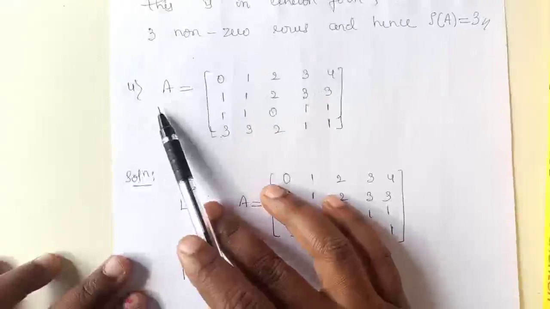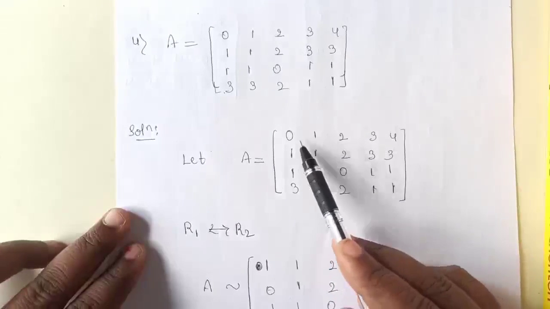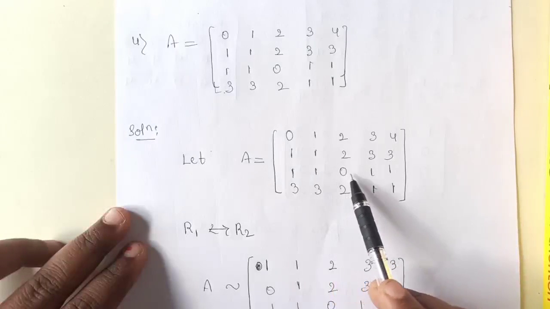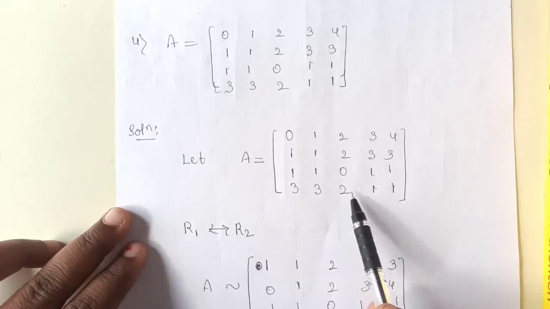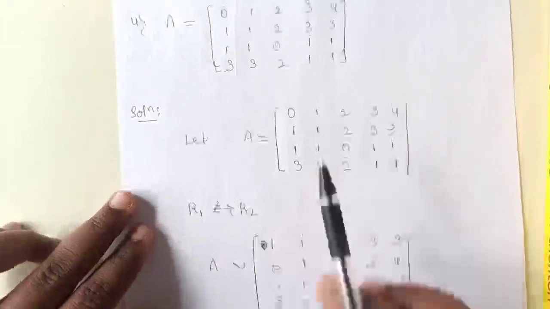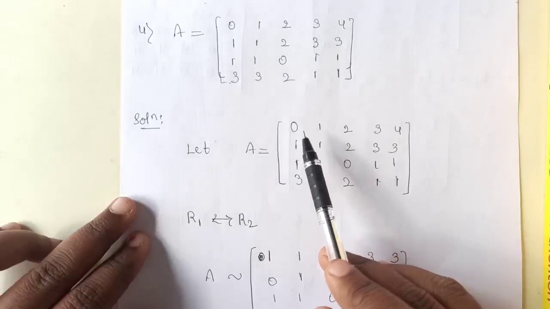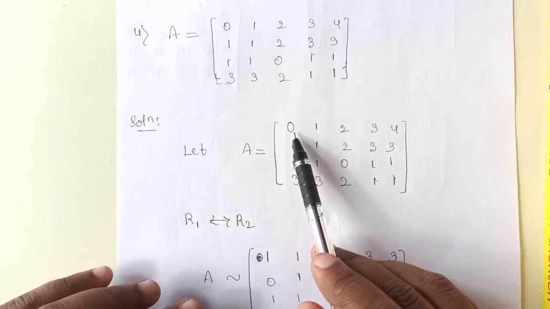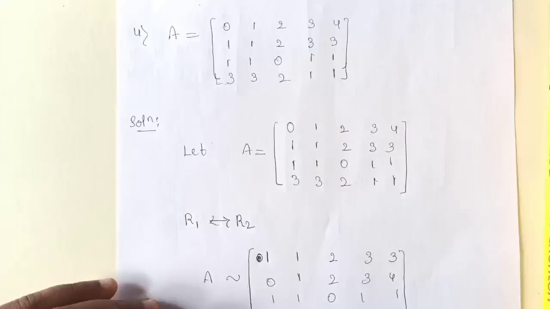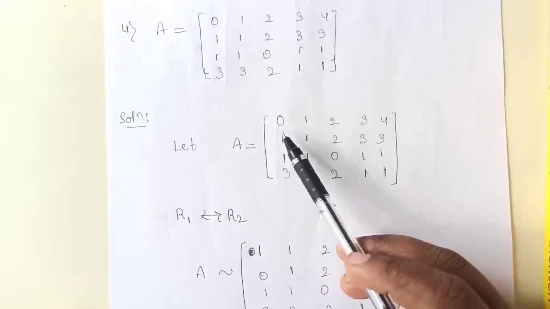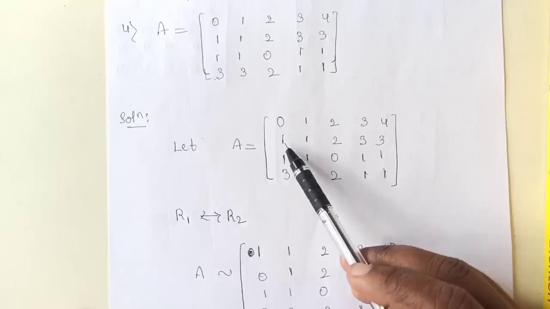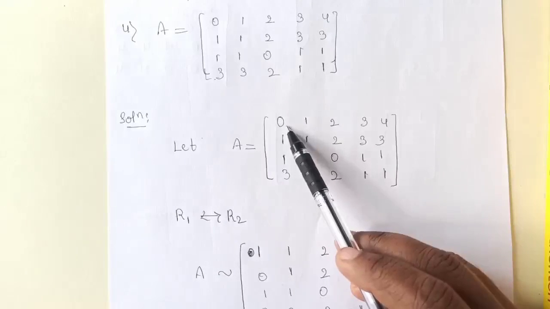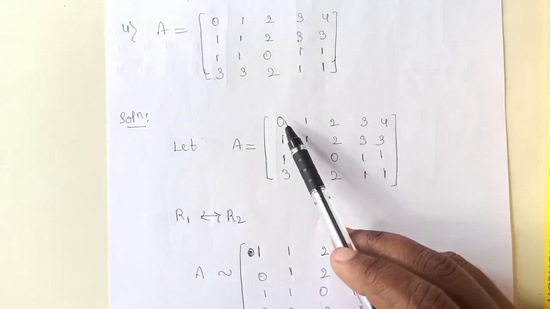Next example, given that A equals the matrix 0, 1, 2, 3, 4; 1, 1, 2, 3, 3; 3, 1, 1, 0, 1; 1, 1, 3, 3, 2, 1, 1, 1. Here the first entry is 0, but we always need the first entry as 1. Below it we have 1, so the leading element must be 1 and below that we need 0.